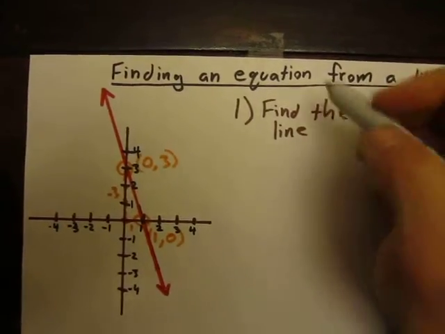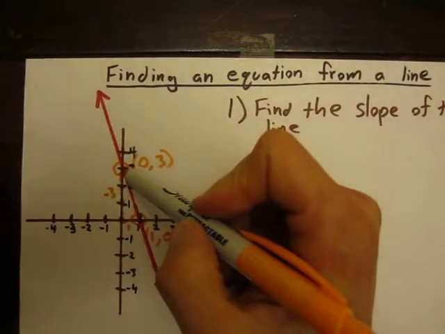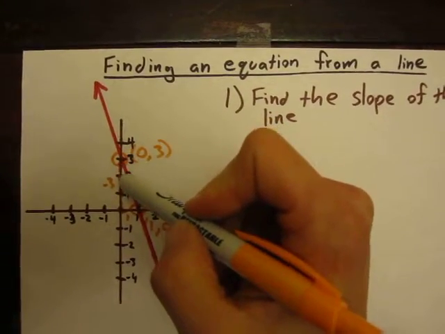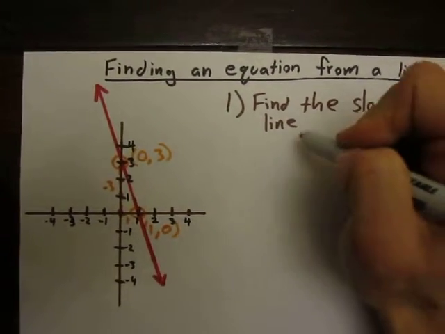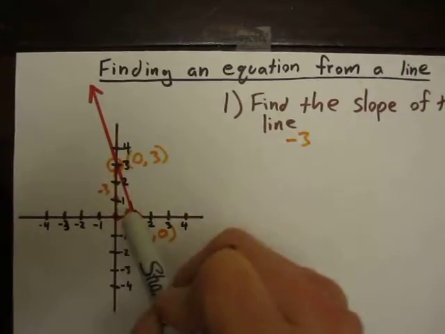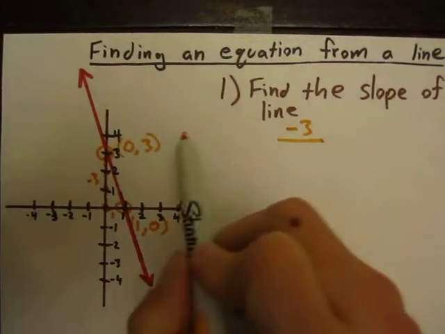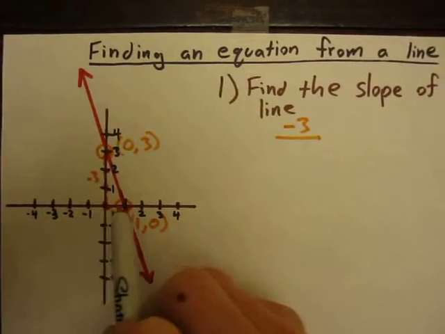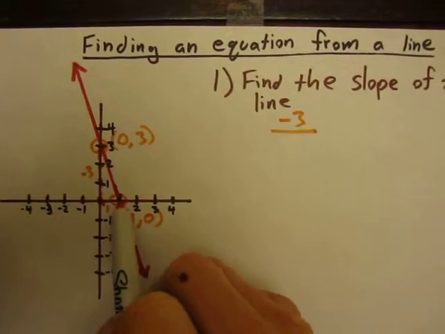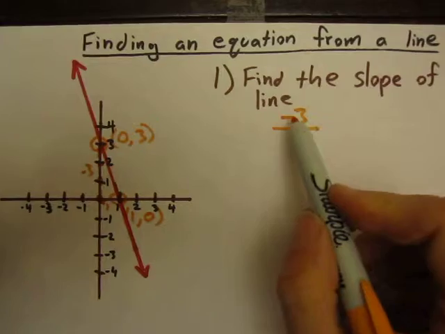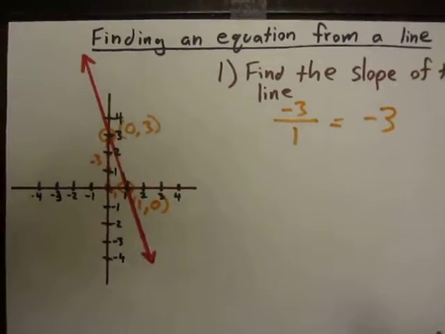So the change in y in this case is negative 3 units, right? So we start at 3, we go down to 2, down to 1, down to 0. That's where our next point is. So we have negative 3 divided by, that's what we mean over, change in y over the change in x. In this case, our change in x is just 1 unit, right? We just go 1 unit over. So we have a slope of negative 3 divided by 1, which is just a slope of negative 3.